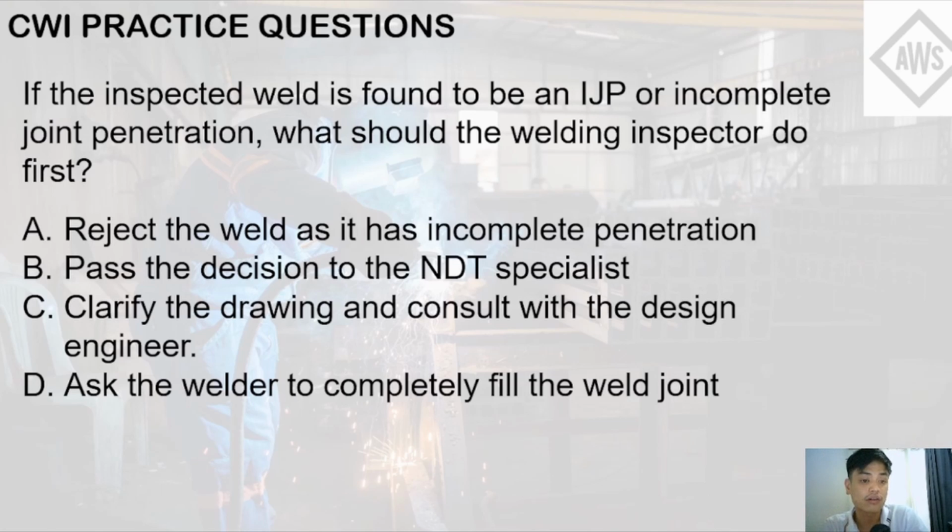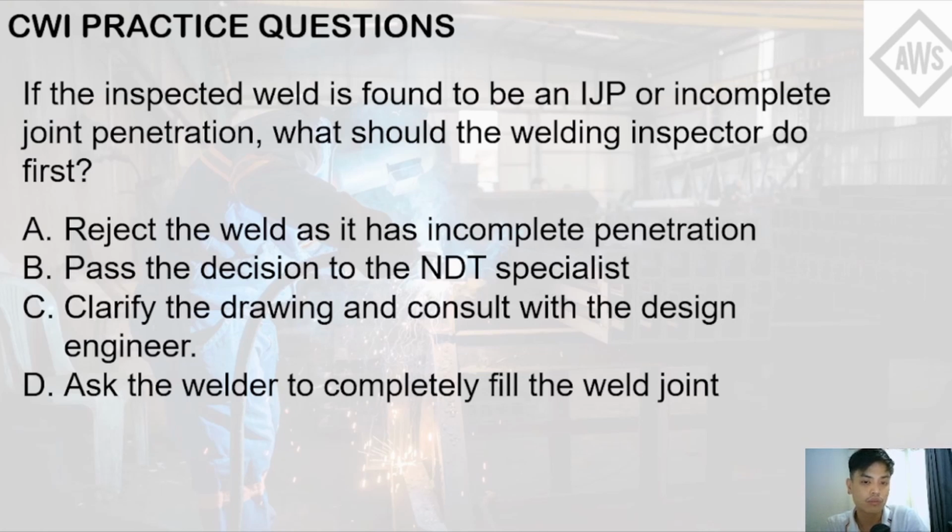So letter C, clarify the drawing and consult with the design engineer. Some specification or drawing specifies if the structure or the components to be welded allow incomplete joint penetration. So it may be acceptable for some drawing or design documents. You may need to consult your design engineer for this one.